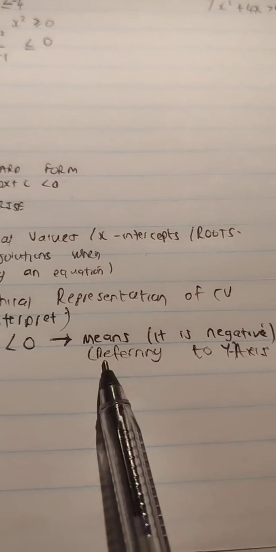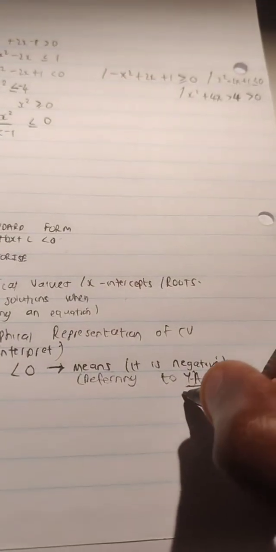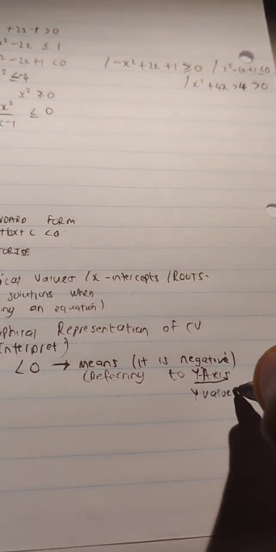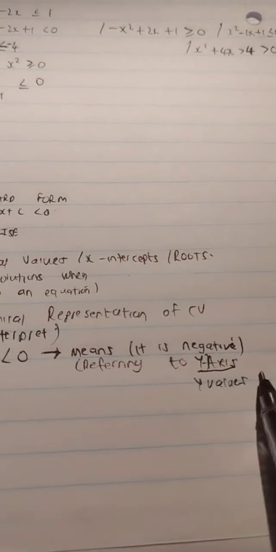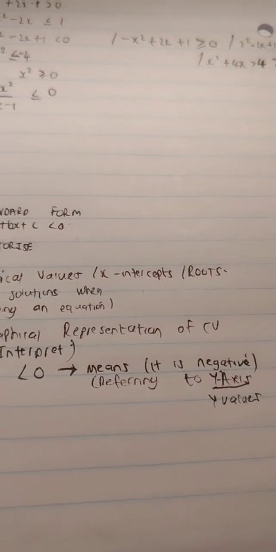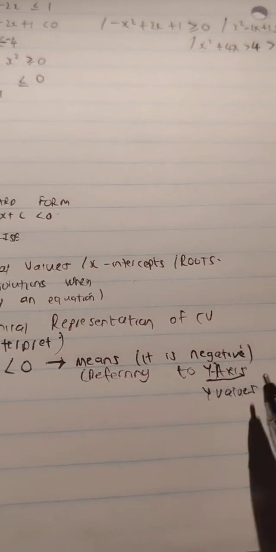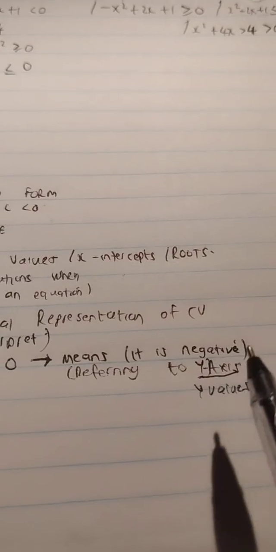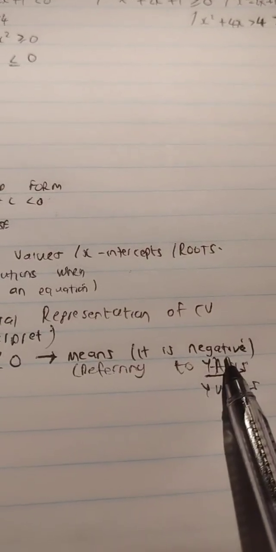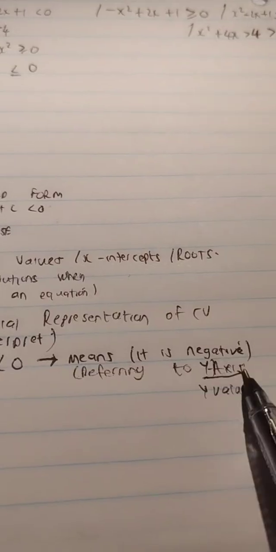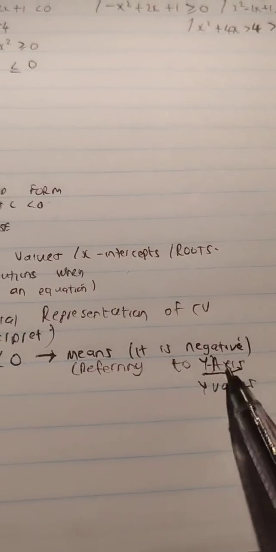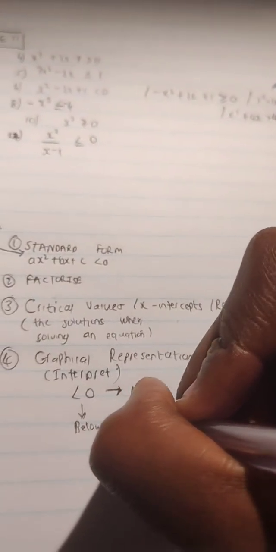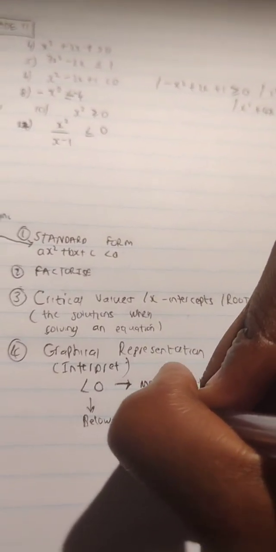We are talking about the y values on the y-axis. Where on the y-axis are the y values negative? The y values are negative below the x-axis.